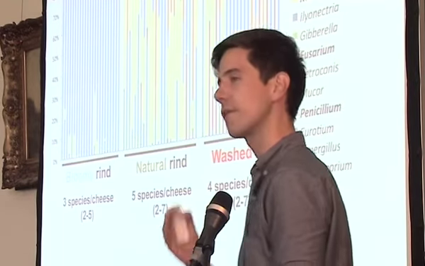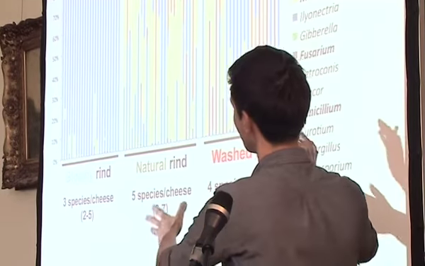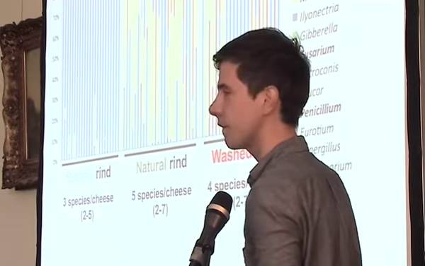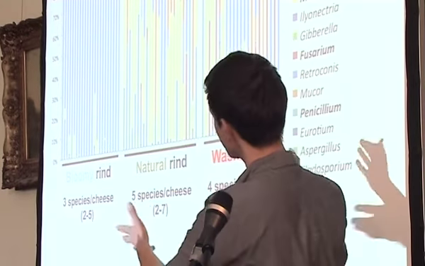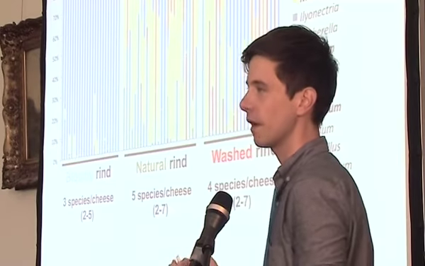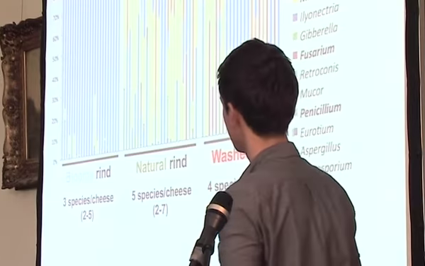Again, we're looking across the bloomy, natural, and washed rinds, and this shows lots of different colors representing the different genera or species of the fungi. What you'll notice right away, similar to what Rachel presented, is that different types of rinds have very distinct signatures for the composition of the fungi.